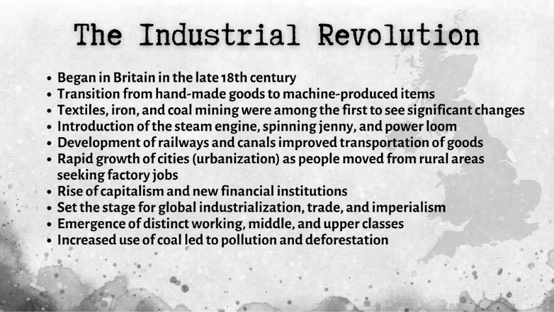We see the rise of capitalism and new financial institutions, which sets the stage for global industrialization, trade, and imperialism. The emergence of distinct working, middle, and upper classes, and the increased use of coal, which led to pollution and deforestation.